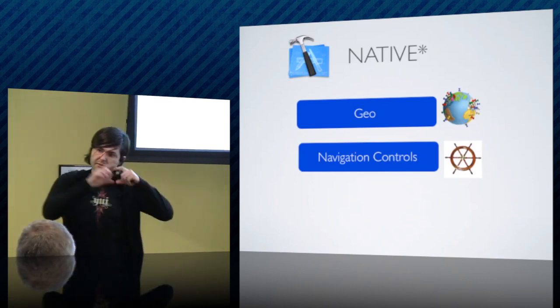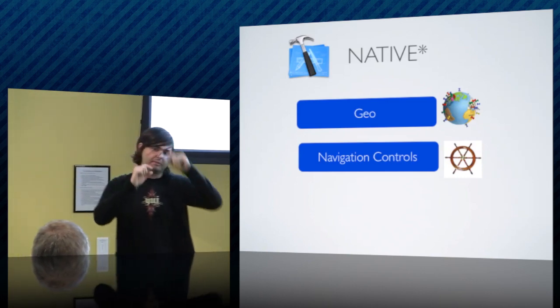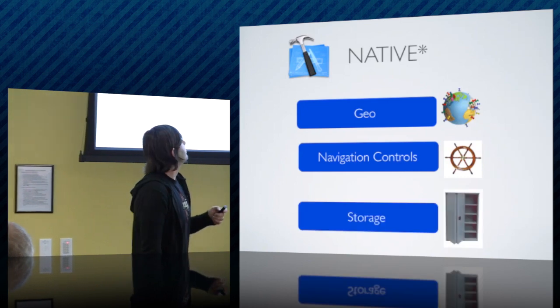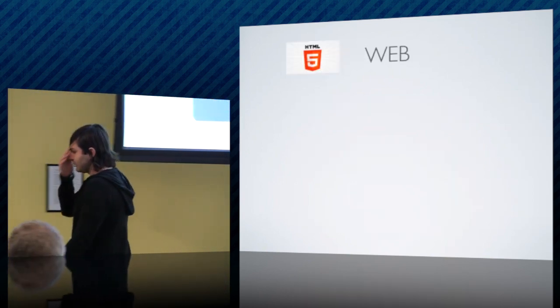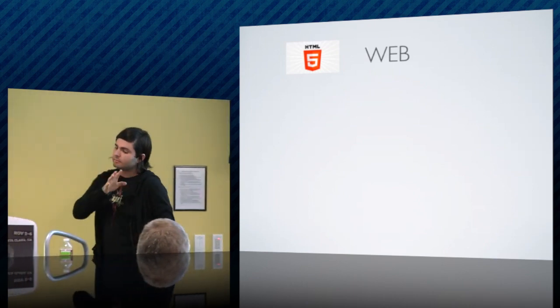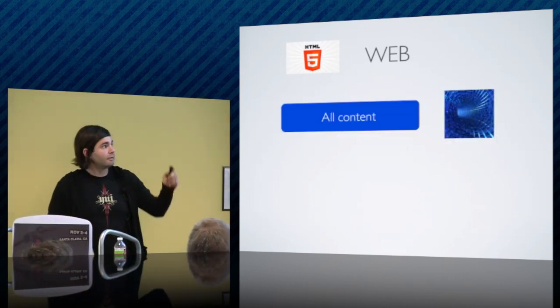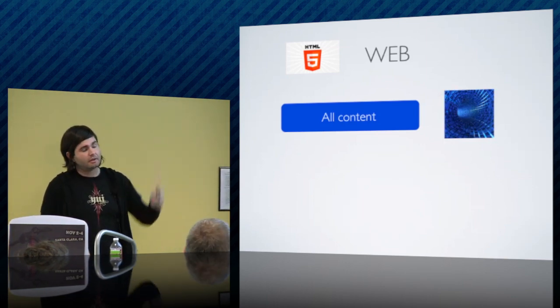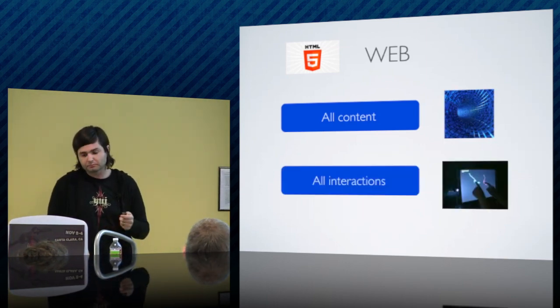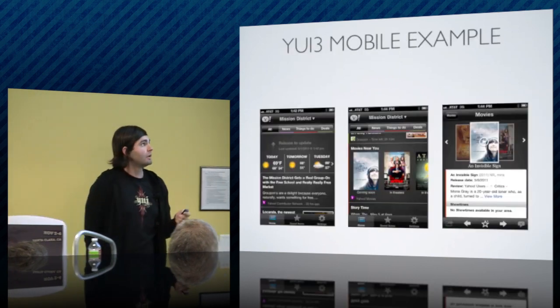So all those navigation bars that you saw on the top and the bottom of the app, those are native. And then storage. Now you might be thinking why, we'll go into that later, but first, we use the web for everything else.